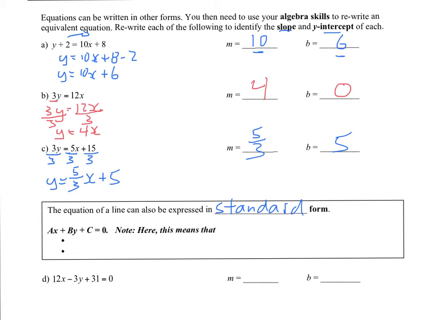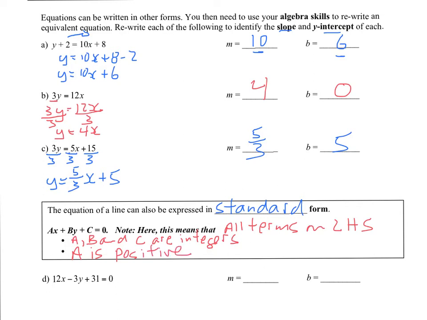What this means is all terms are on the left-hand side, A, B, and C are integers, so no fractions, and A is positive.